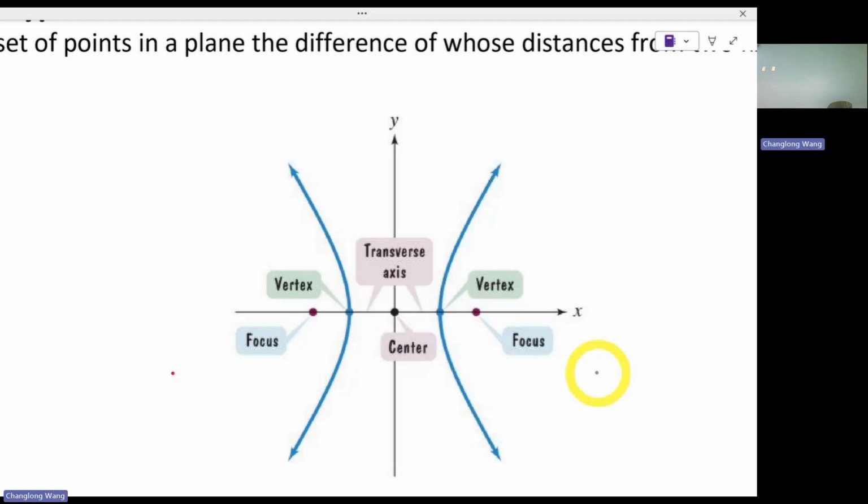So for example, if you pick a point here and another point over there, do you see that the distance is obviously longer than the transverse axis? So this is the closest the two points can ever get, one on each branch.